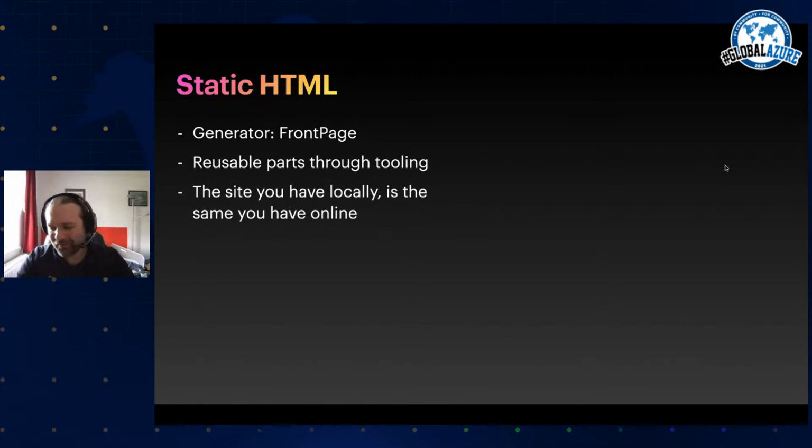And if you have something like a navigation, a menu, or similar things, you had two options: either copy-paste it from the other pages, or FrontPage was going to assemble it for you. So you had some include parts where you could have reusable HTML parts that you share across your entire page.